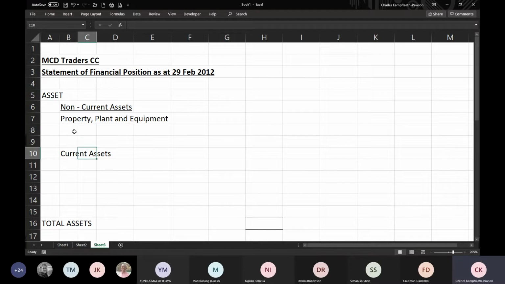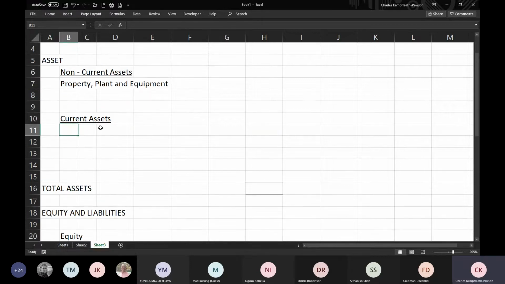Non-current assets cover everything that you intend to hold and not sell within the next 12 months. If you purchase shares for capital appreciation and long-term investment, that is where it will go, under non-current assets. If it is held for trading, then it will go under current assets. Under current assets, we have three main items that are mostly there.